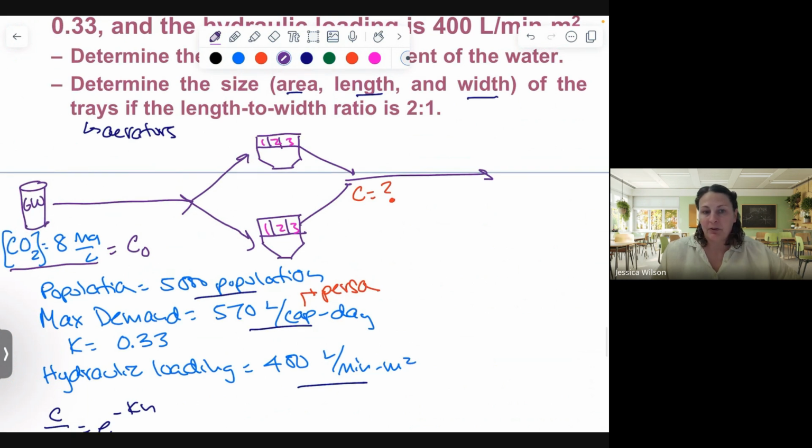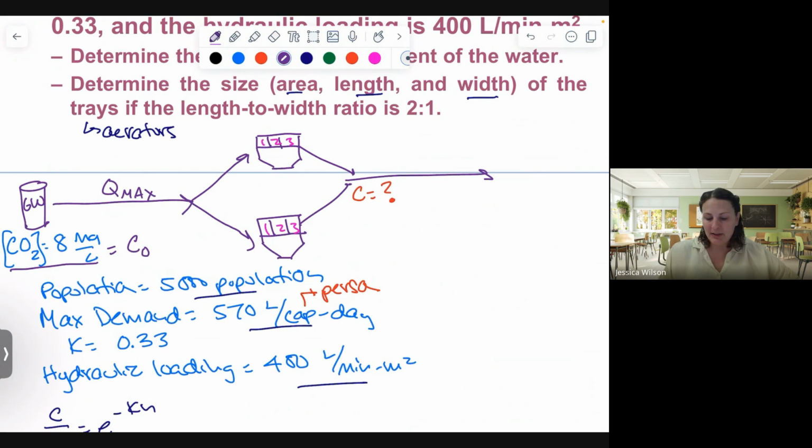First we have this maximum demand. What we have coming into our tray aerators is our Q max, that's our maximum demand of our flow.